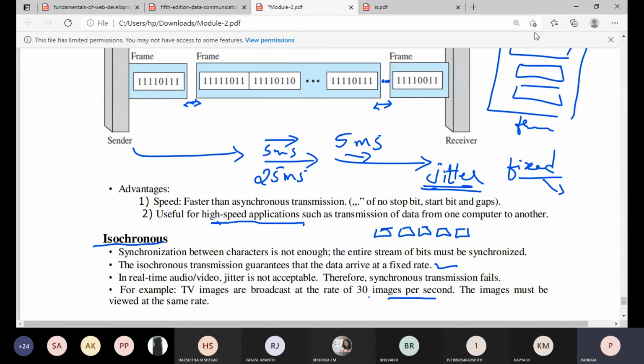When you scroll forward or backward in a video on your mobile phone, you can see a series of images. So in case of a TV broadcast, 30 images are sent per second.